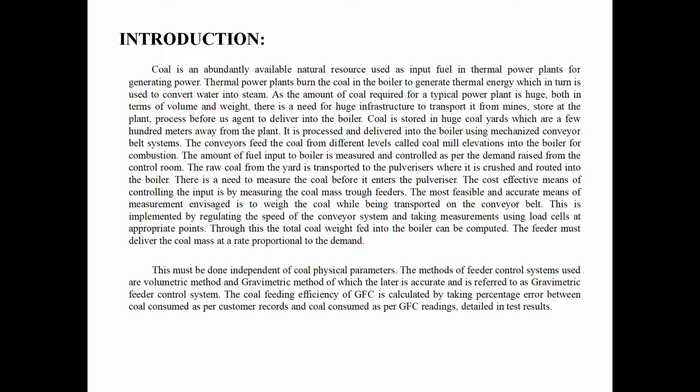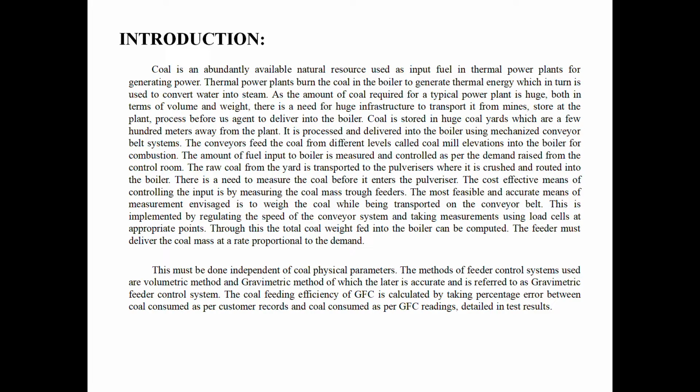The raw coal from the yard is transported to the pulverizer where it is crushed and fed into the boiler, hence the need to measure the coal before it enters the pulverizer. The most effective means of controlling the input is by measuring coal mass through feeders. Through this, the total coal weight fed into the boiler can be computed.